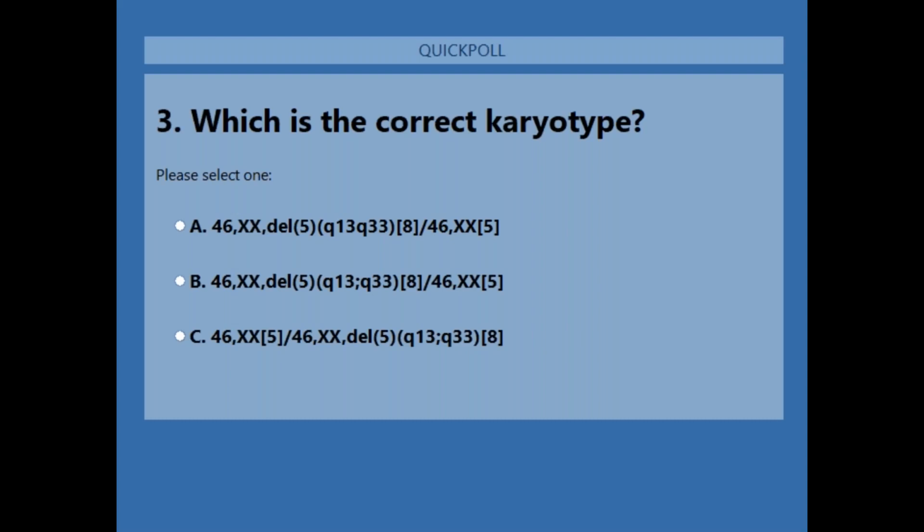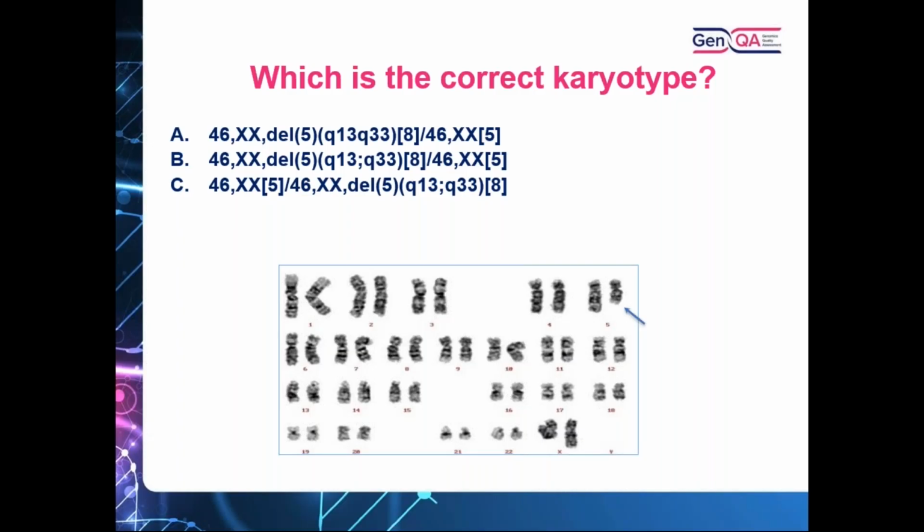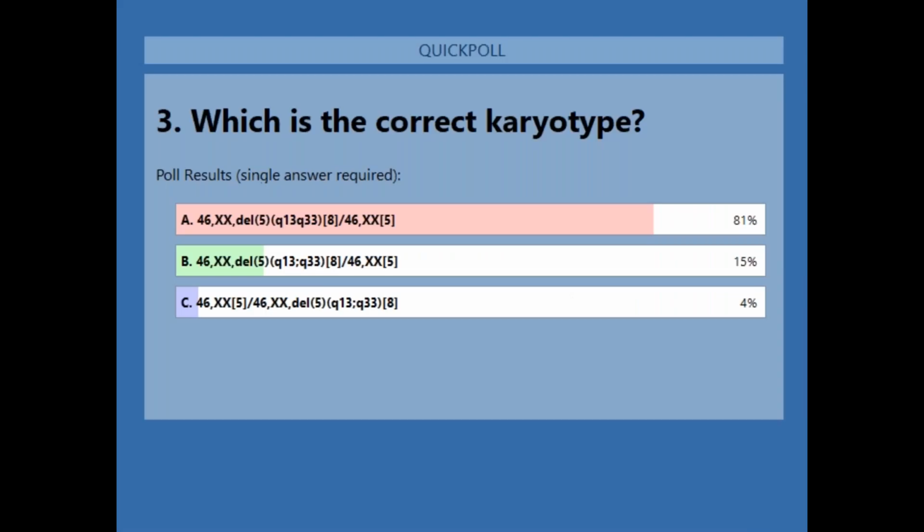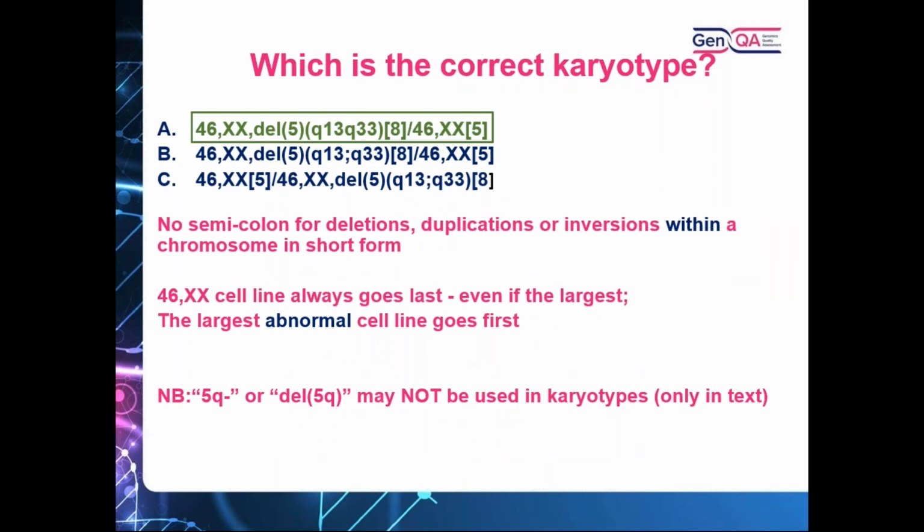Okay, so we've got 3/4 of participants voting on here, and these are the results. The vast majority have voted for option A, with 15% for B and only 4% for C. Again, there's no semicolon in deletions, duplications, or inversions within a chromosome in the short form.